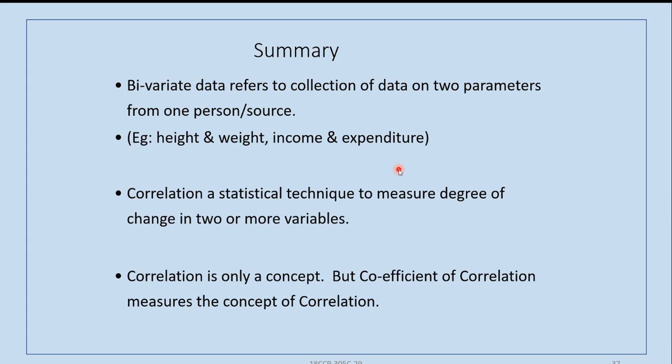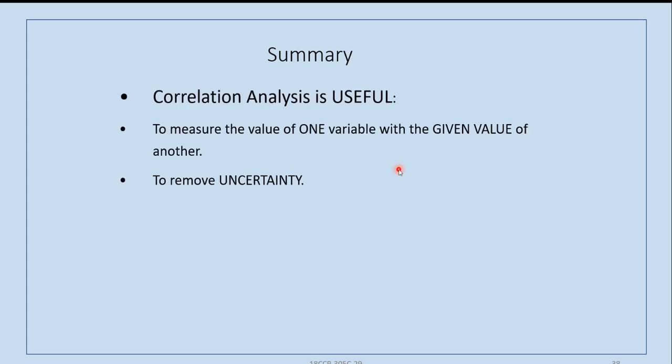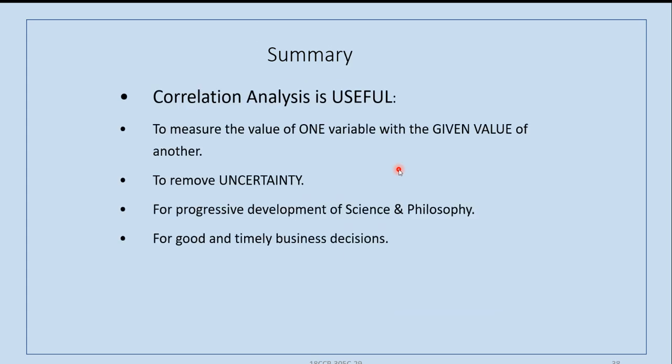Correlation is only a concept, but the coefficient of correlation is measured. Correlation analysis is useful in so many things that we have seen in the uses. All these uses are listed here again.